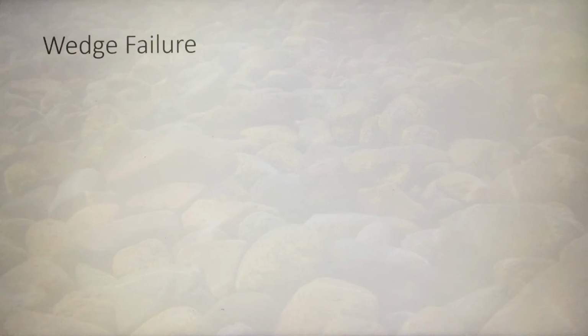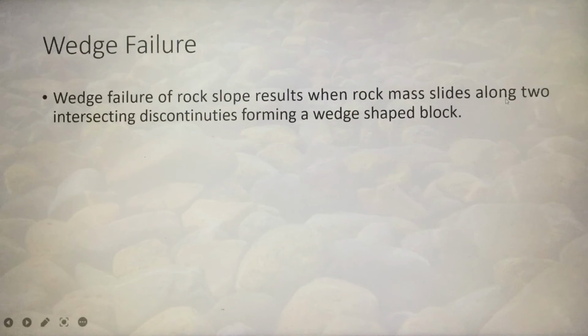Wedge failure. Wedge failure of rock slope results when rock mass slides along two intersecting discontinuities, forming a wedge-shaped block.